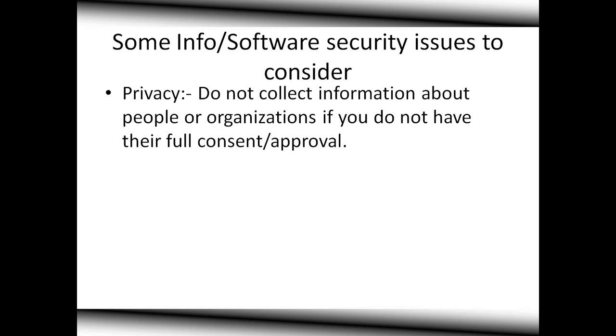So how do we maintain information and software security? Besides hackers and crackers, there are other people. We have people like cyber extortionists, cyber terrorists, and so on. Those are supposed to be discussed under elective ICT, but for core, these two are okay.